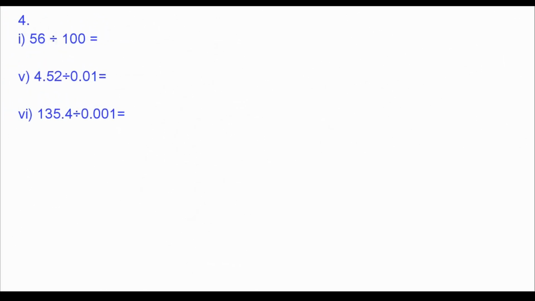Fourth sum, fill in the blank. First Roman letter, 56 divided by 100. For that what you have to do? You have to shift the decimal point to the left by 2 places. If necessary, we can add 0. So the answer will be 0.56. And then fifth subdivision, 4.52 divided by 0.01.